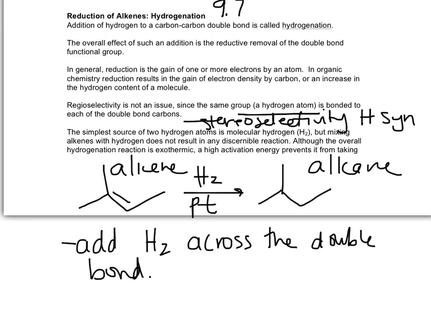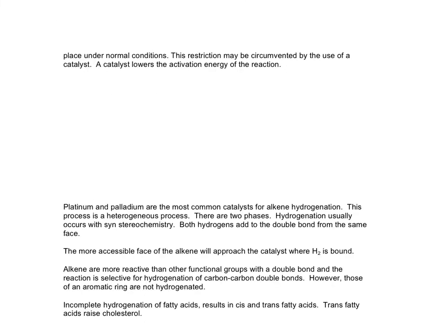The reason for this is that this is a solid catalyst, so it will physically block one side, or one face, of the double bond. This reaction is a net reduction. As I said before, when you add hydrogen, it's a reduction. You need a catalyst to get this reaction to go.